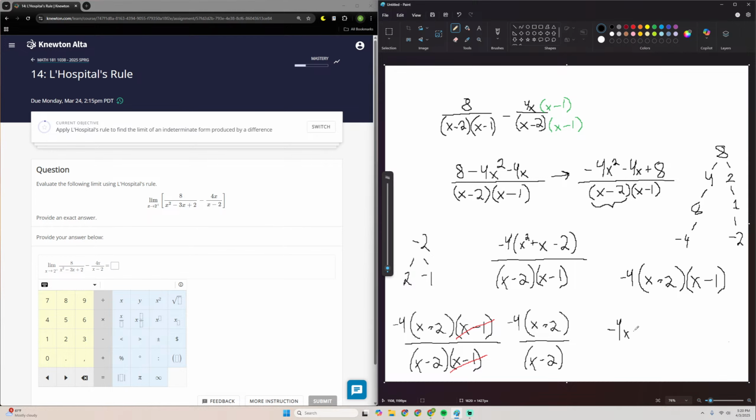Negative 4x plus 2 over x take away 2. Yeah, we need to take L'Hopital's rule. L'Hopital's rule is we have to take the derivative of the top and the bottom. So derivative of this, d over dx. Negative 4 over 1, which is just negative 4.